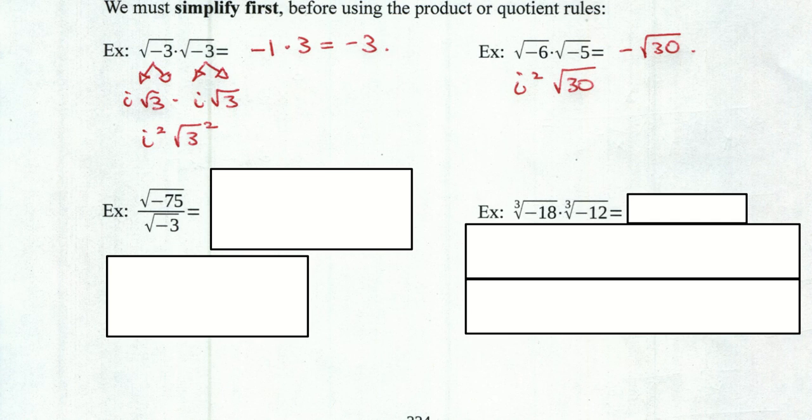So this next example, we're dividing two imaginary numbers. I know that because we're taking the square roots of negative numbers. Now, there's lots of ways to do this, but I'm going to do it in exactly the same way that I did the previous two. I'm going to simplify the numerator and simplify the denominator.